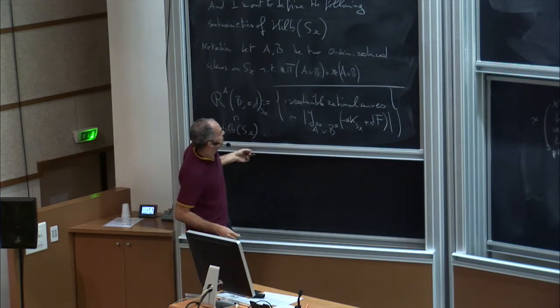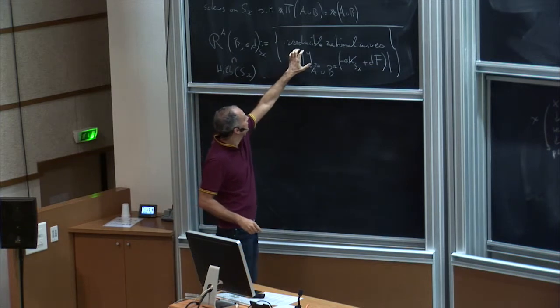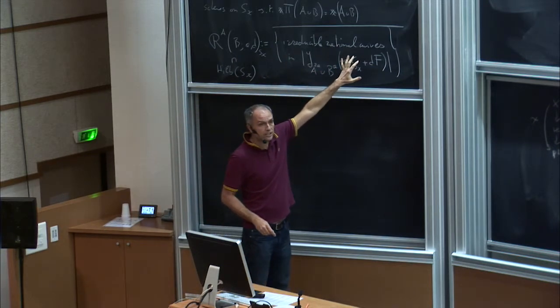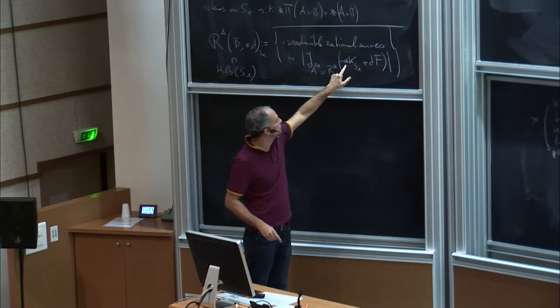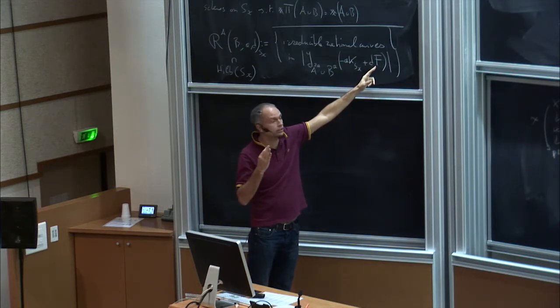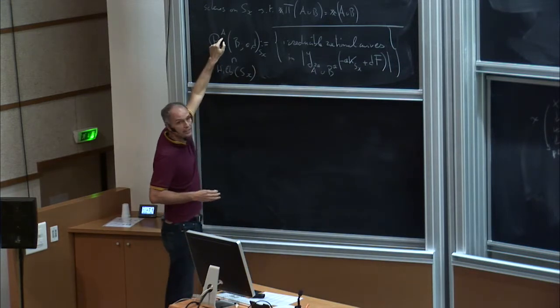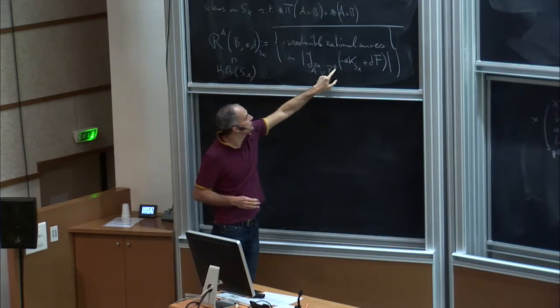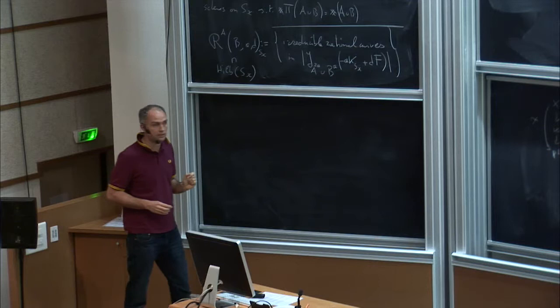So let me just comment on this. I mean that I'm considering irreducible rational curves inside the linear system given by this, which is minus a times the canonical class plus d times F, where F is the fiber of the conic bundle structure, admitting a point of multiplicity 2a along my subset A and a point of multiplicity a along the subset B. Okay?